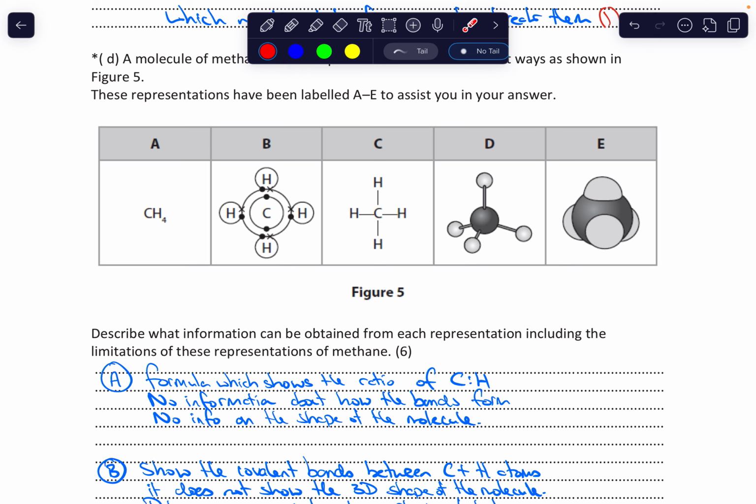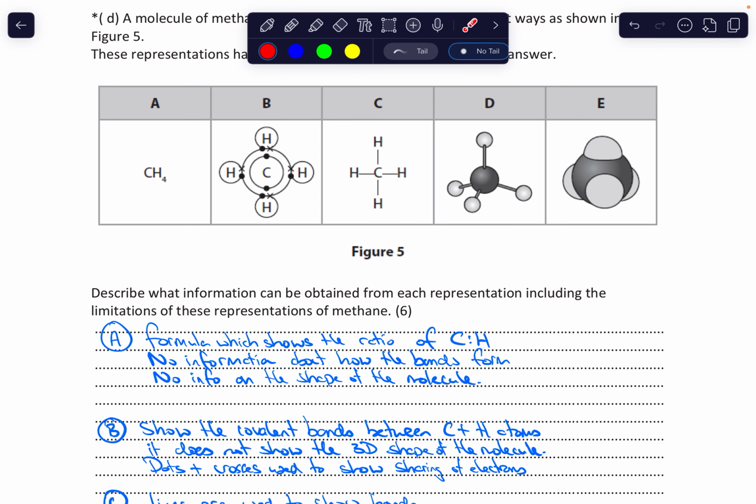This one only gives you a formula showing you the ratio of carbon to hydrogen, so you've got no idea in terms of the limitations of it, no idea how they're bonded, what the shape is. This one, you can see that you've got covalent bonds, so we've got an idea of how the bonds are being formed, but what it doesn't do is give me a shape.